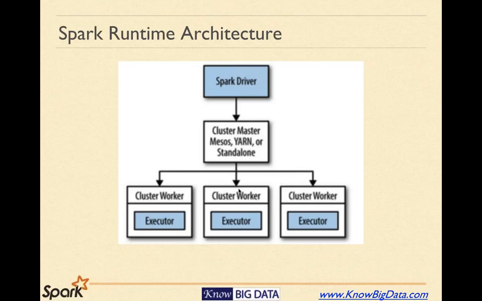You will have to just tell Spark in the config that these are the nodes on which the cluster will be running, and then run the same thing on all the nodes. That's it. And these nodes will talk to each other and establish a cluster, and you can talk to the cluster afterwards. All right. So Spark driver gets the work done via the worker through the cluster master. Okay. Master could be Mesos master, Yarn master, or standalone.